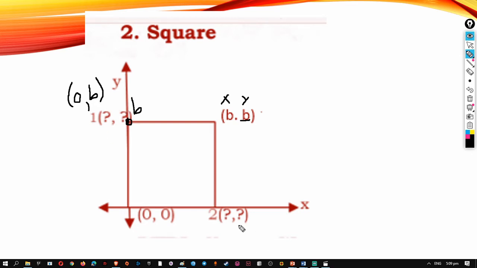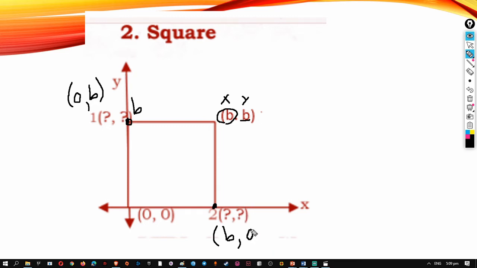Next, dito naman tayo. Ito ay nasa x-axis. So, it's b, comma. Nasa x-axis siya, ibig sabihin, walang y.